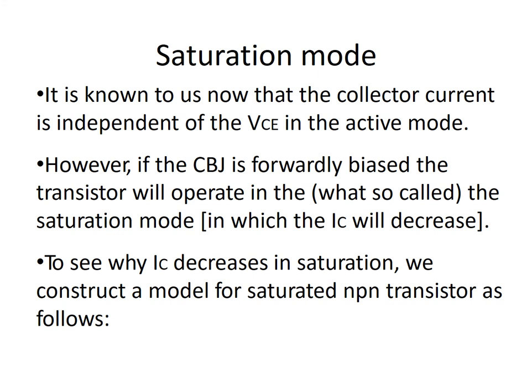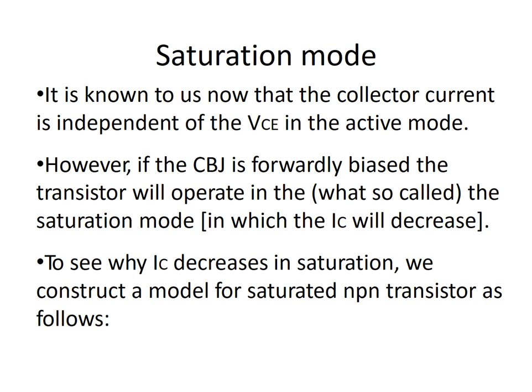There are different modes of operation of the NPN transistor. Like in the first lecture, I explained the active mode. Usually it's used for amplification purposes, and there are two other modes: the saturation mode, and the third mode is the cutoff mode.